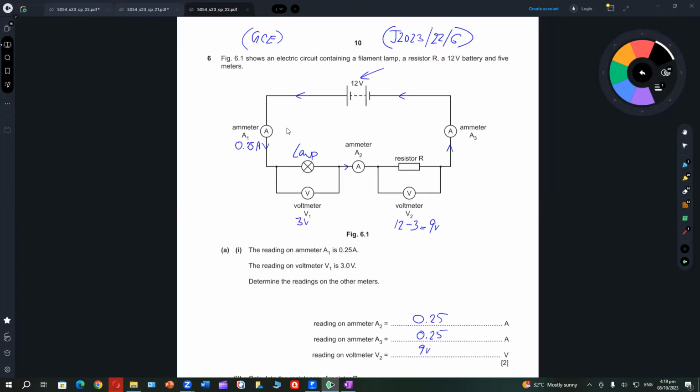Compare your answer. In series, current is the same. So we are getting the same current value on the 3 meters. In series, voltage is divided and conserved. You have to copy this.